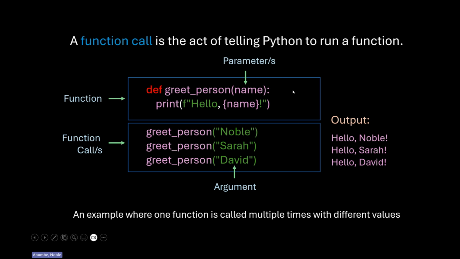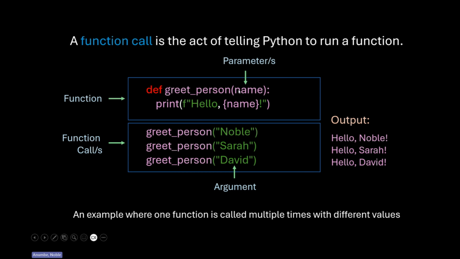You could have multiple parameters, right? And then, of course, this is our system created function. So it's literally a function within a function, and all of these put together is what you refer to as your function, or you can aptly refer to it as a function of functions. So this is your function.